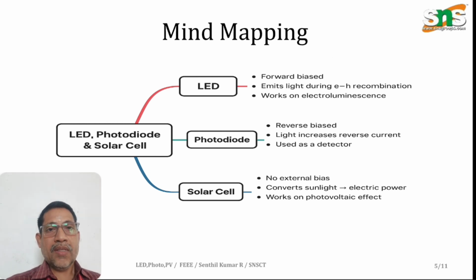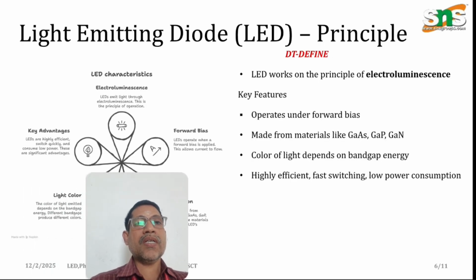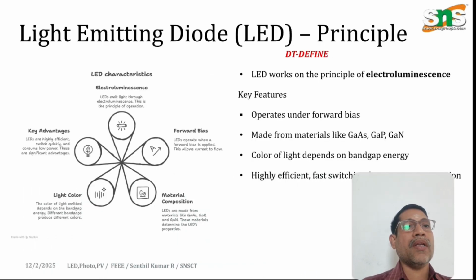You mean, since it is in reverse bias, the depletion region changes depending on the illumination effect on the photodiode. Therefore, it is probably used as a detector circuit. This is the mind mapping for LED, photodiode, and solar cell. Now let me discuss every one here.